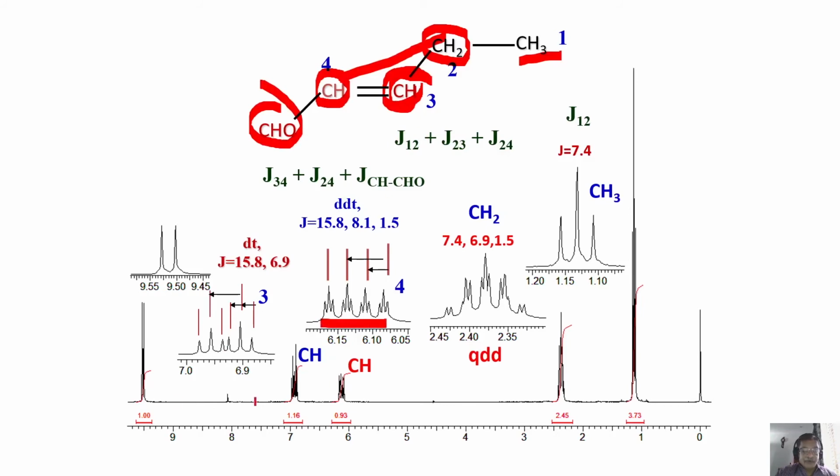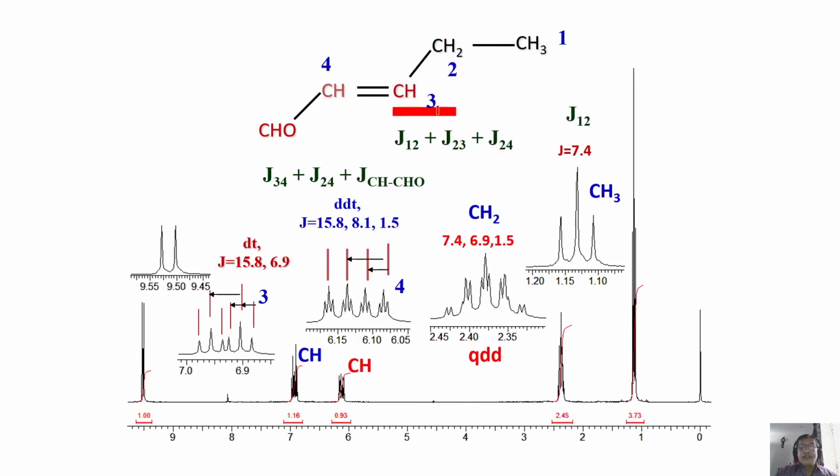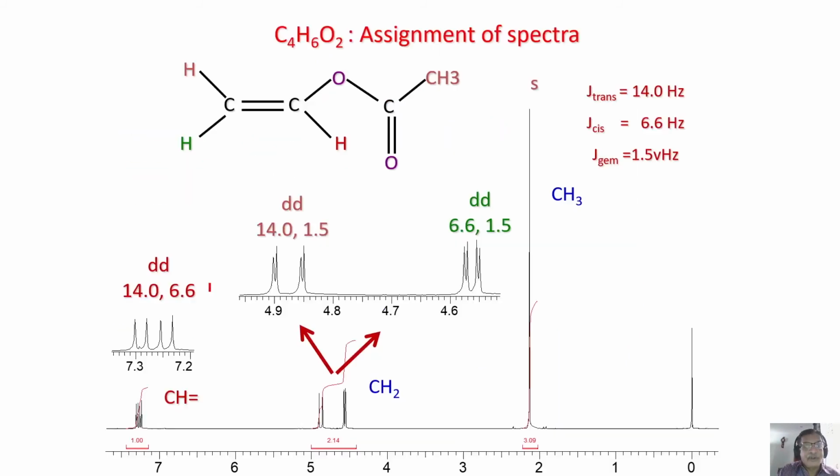And if you come to this proton, this is a doublet because of this, and each line of the doublet is a triplet because of this, and long range coupling is not seen here. Okay, in this case. So now CHO is a doublet. All the peaks and the patterns are clearly assigned. It is clear for you now.